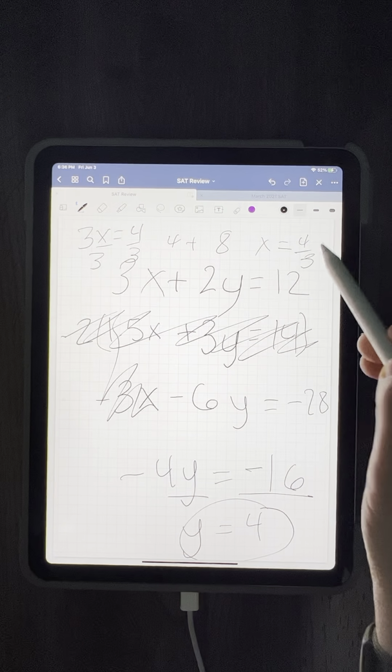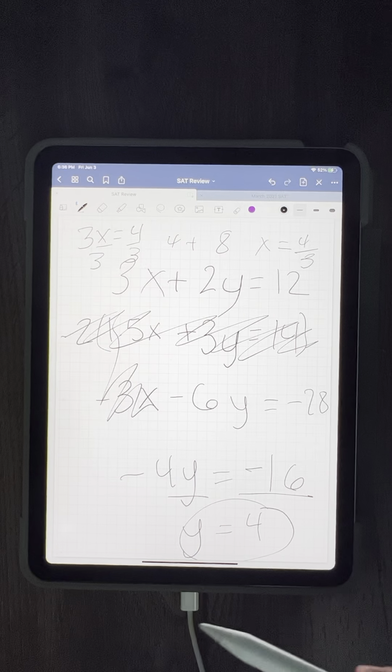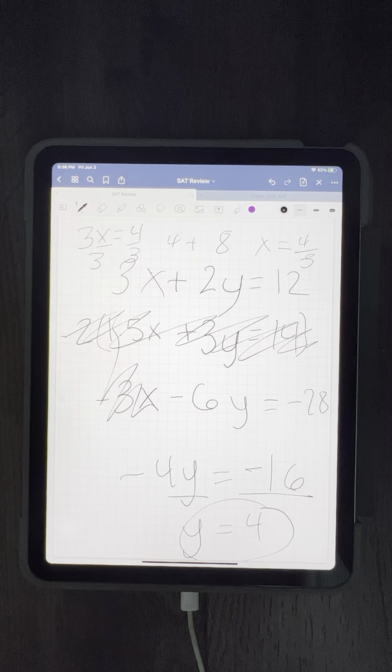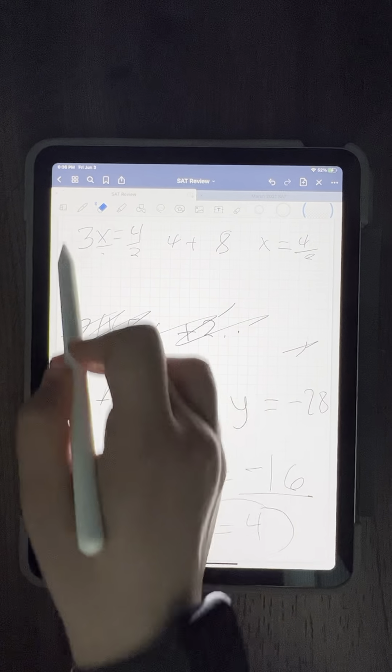It's not always going to be that hard, but that's an easy way to get y, and then you just plug y in for whatever your first equation, second equation, whatever equation is easier, and then you're going to get your x. So that's an easy way to do systems of equations.